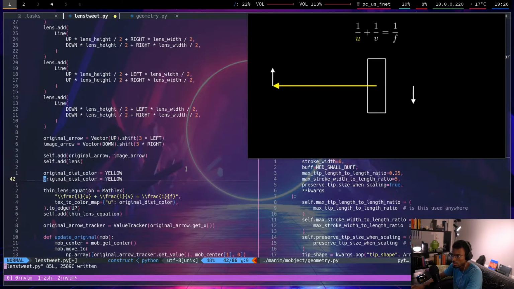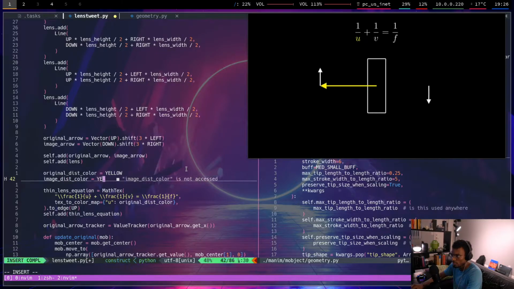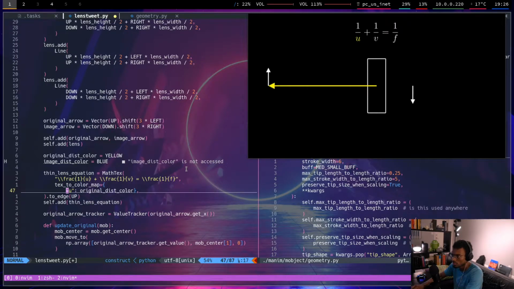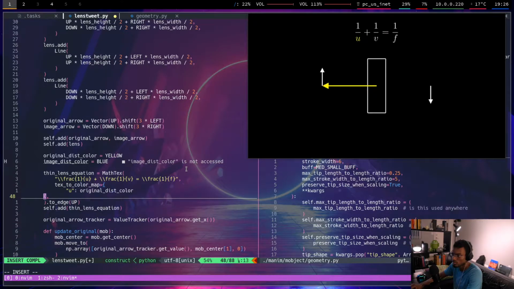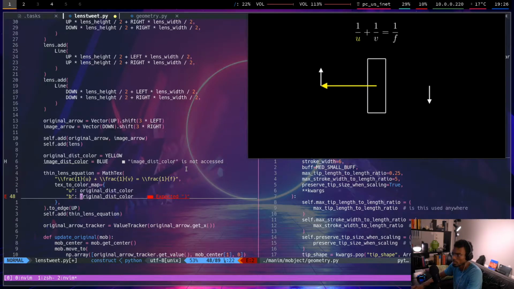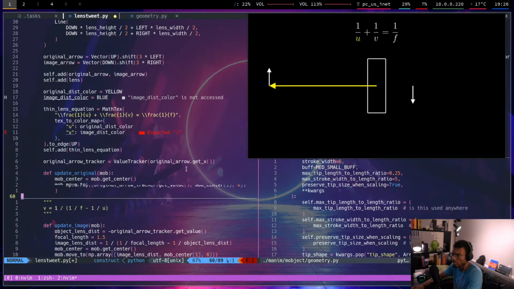Original distance. This can be blue. I'm just choosing random colors here. This can be the image. Image, if I can remember where the B key is.